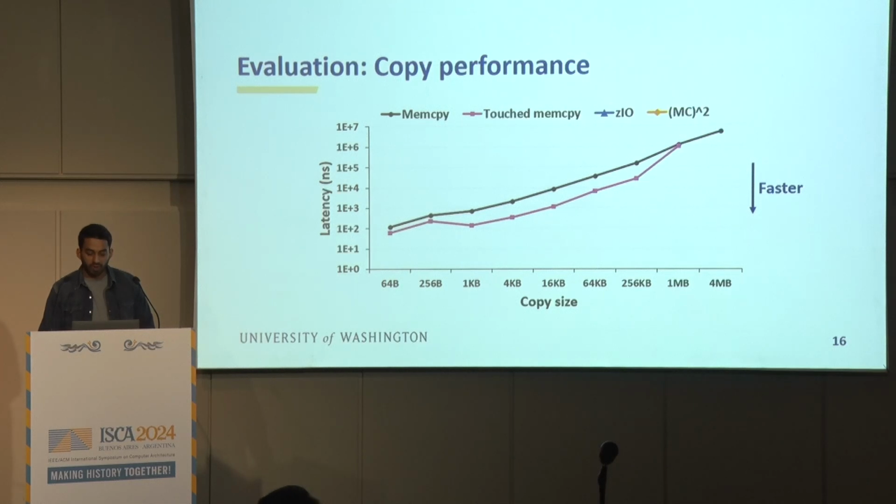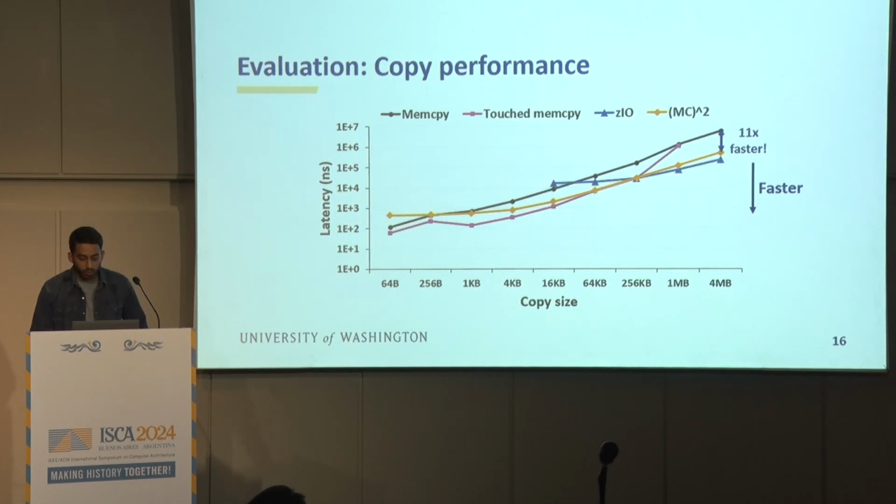Copies with high overhead typically perform near the uncached MemCopy because of memory access latencies. So MC Square provides speedups for copies at and above 1 KB, performing similar to copying cached data at 64 KB and above, and it's up to 11 times faster than uncached MemCopy. Since Zio relies on page table manipulation, it only ran for copies at and above a 16 KB size.